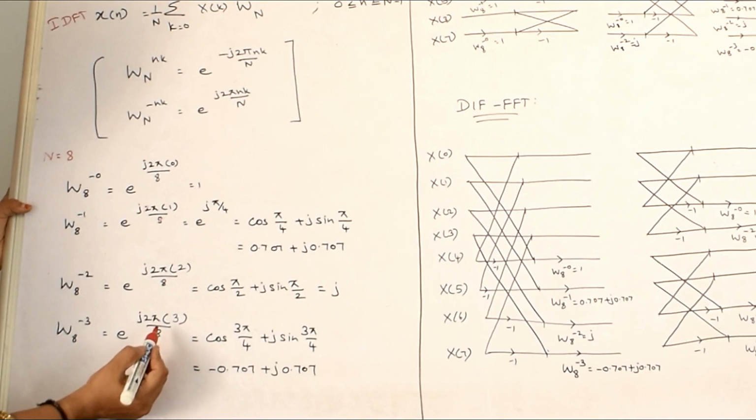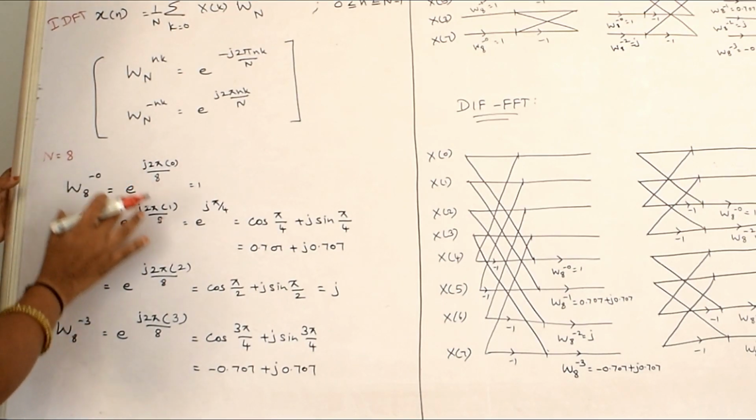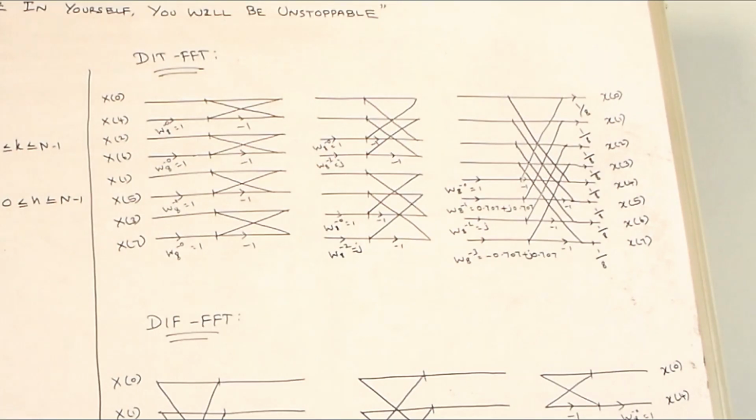If you simplify you will get e power j 3 pi by 4. Expanding, cos 3 pi by 4 plus j sin 3 pi by 4 gives you minus 0.707 plus j 0.707. So we are going to use this in solving the IDFT problem using the FFT method.